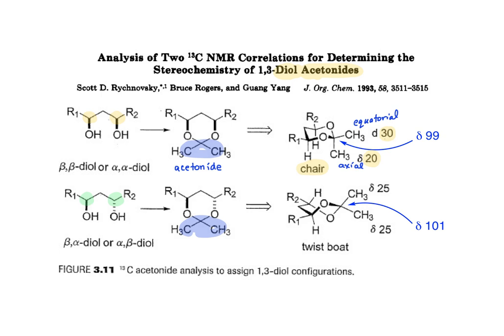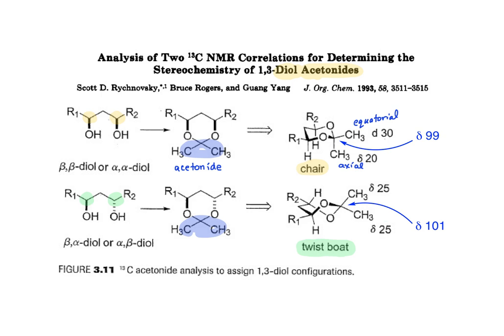On the other hand, if the hydroxyl groups are trans, then the conformation of the acetonide is likely to be a twist instead of a chair. And the methyl groups will be more similar, neither being clearly axial or equatorial. There is an additional subtle matter with carbon-13 chemical shifts, but it does hold up over a fairly large number of compounds.